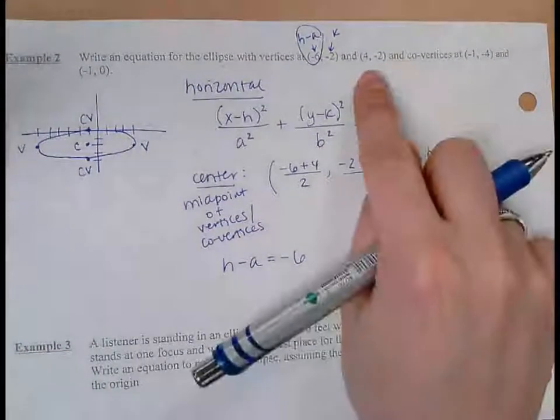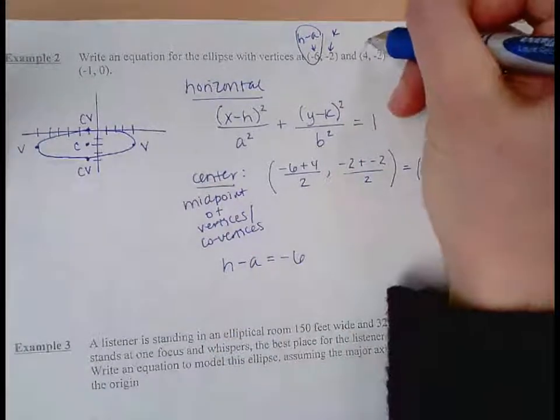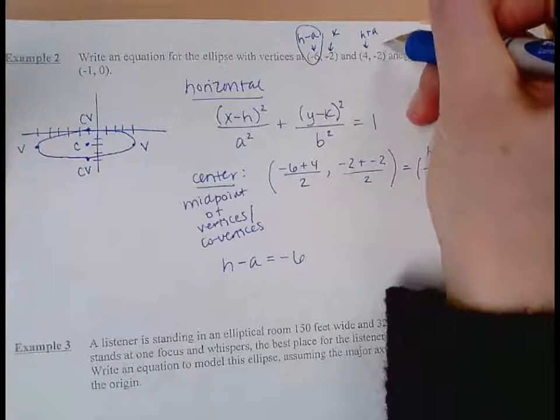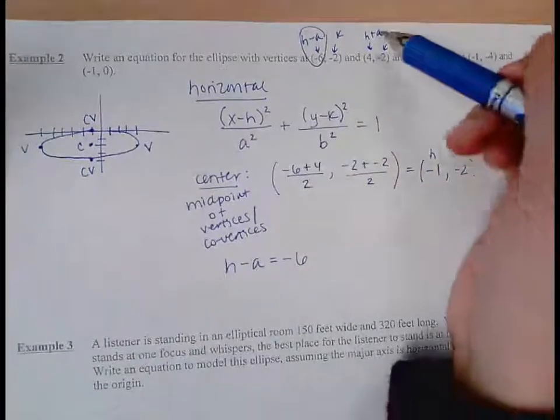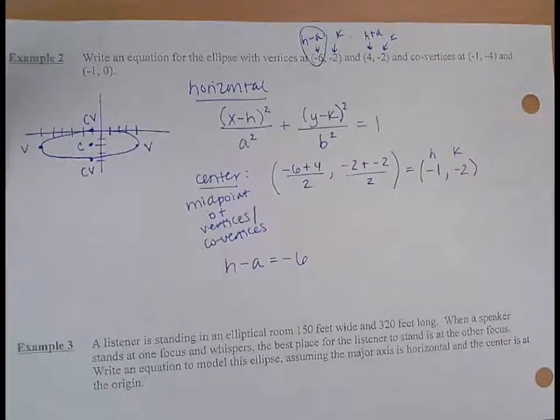I could have also done this for the rightmost vertex. That x-coordinate has h plus a, and the y-coordinate is k. So I could have also set up a similar equation, h plus a is 4. So you just have to know which vertex you're using based on your diagram.